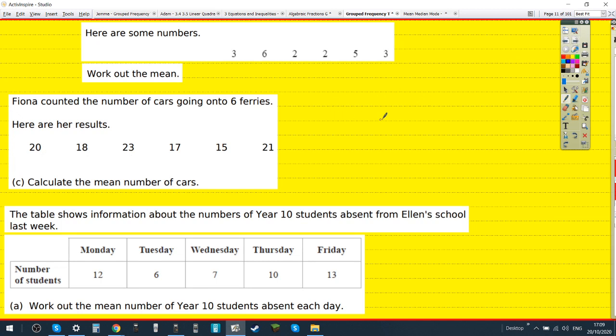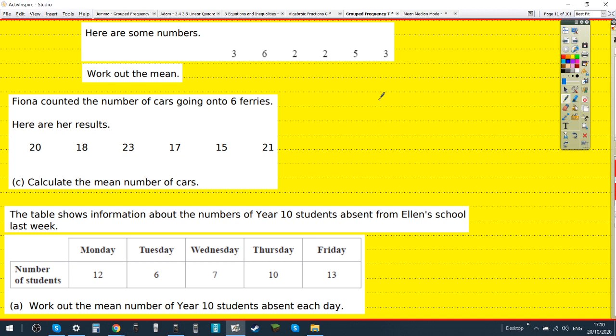Okay. How do you find the mean? Mean. So add up all the numbers. Okay.